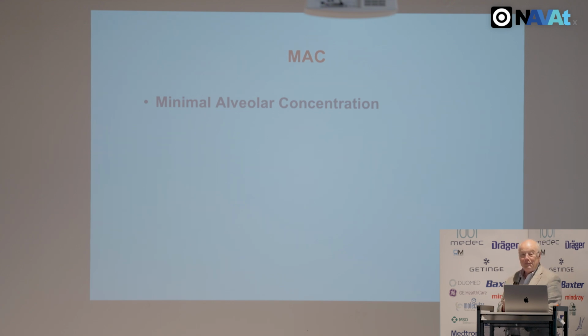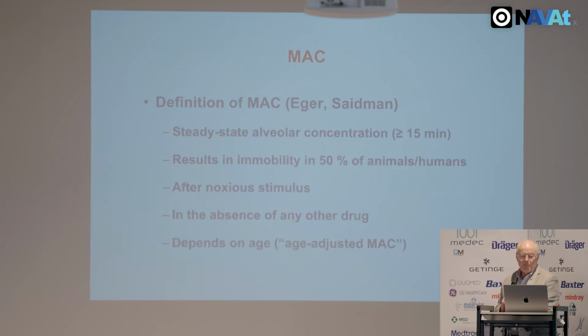So MAC really means minimal alveolar concentration. That's what MAC means when we are talking about inhaled anesthetics. And that MAC definition was determined by Ted Eger and Larry Saidman.